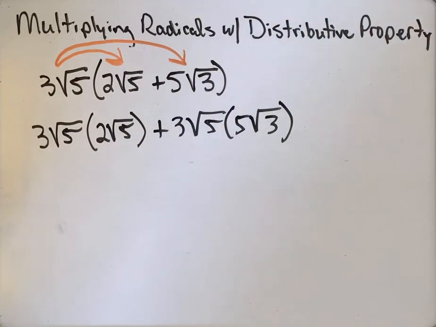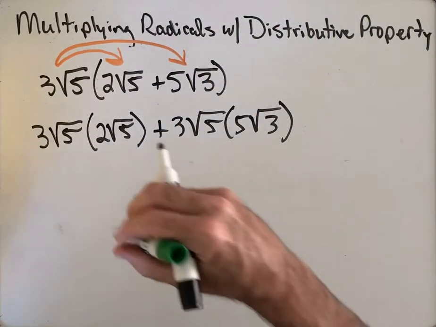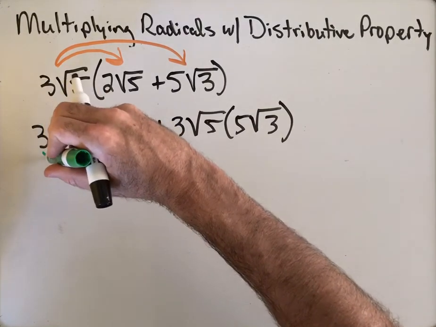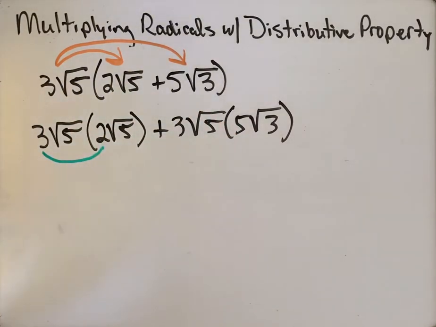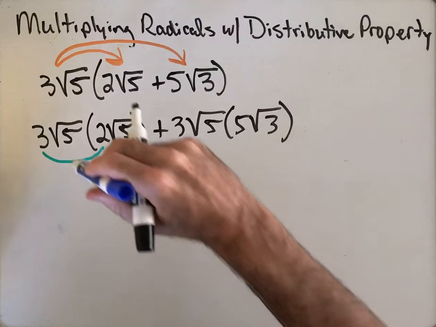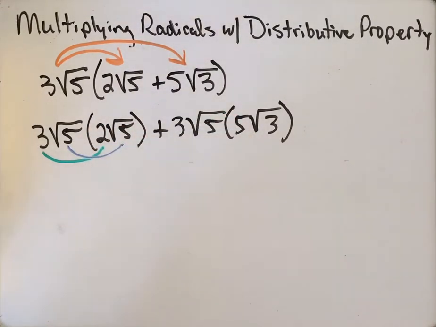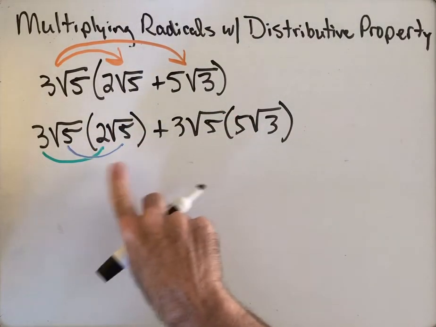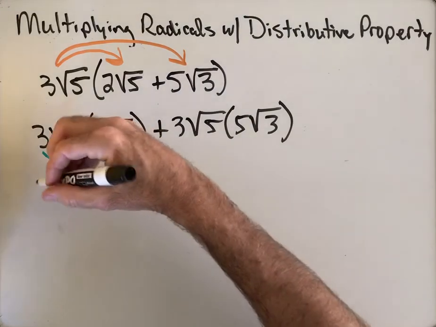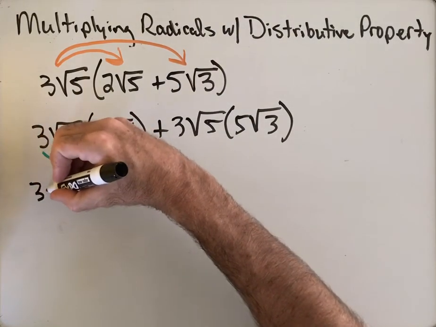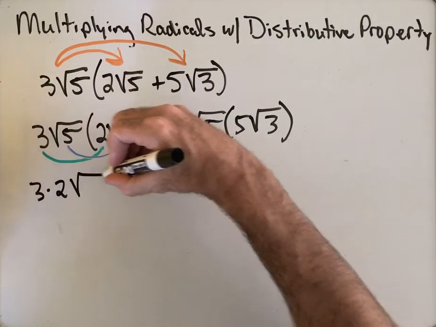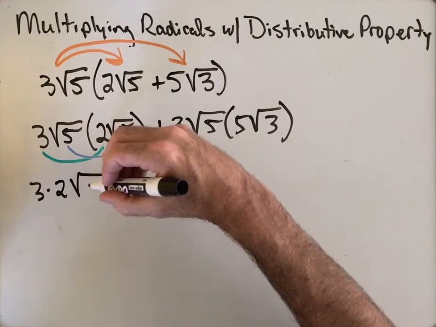All right, so let's use our rules, right? We're going to multiply the outside numbers together, and then we're going to multiply the inside numbers together. We're going to see something interesting happen with this first term. So we're going to have 3 times 2 on the outside over root 5 times 5.